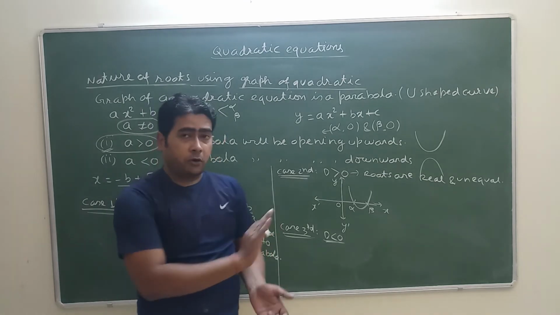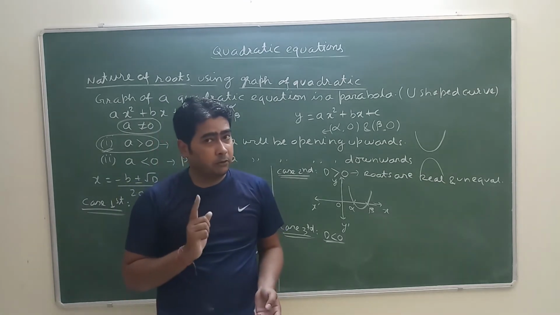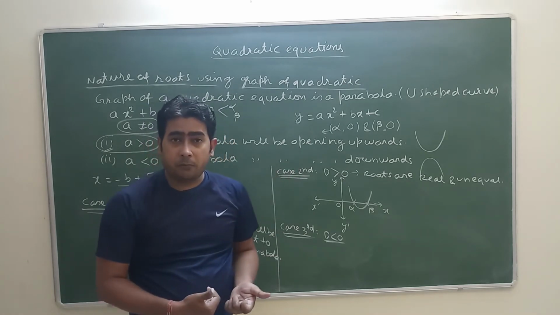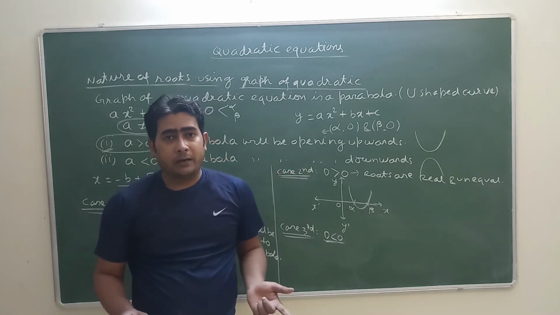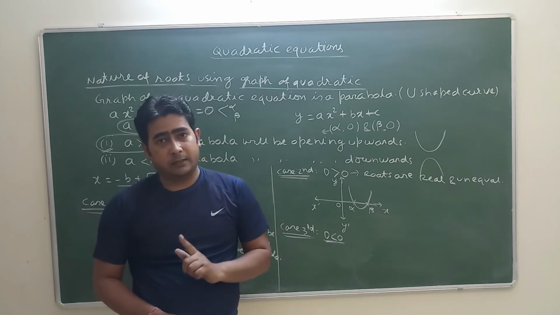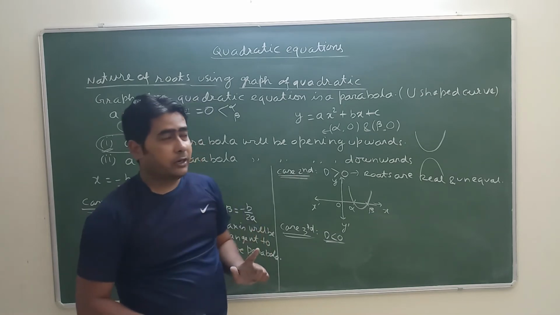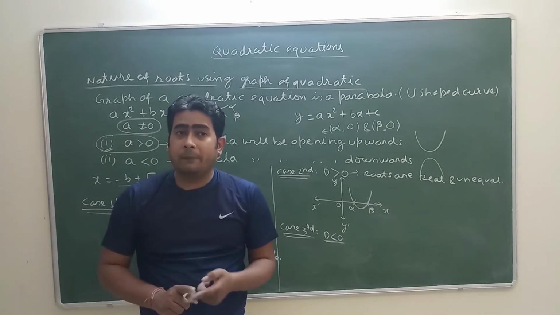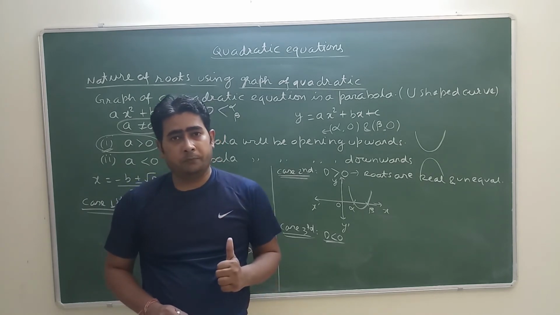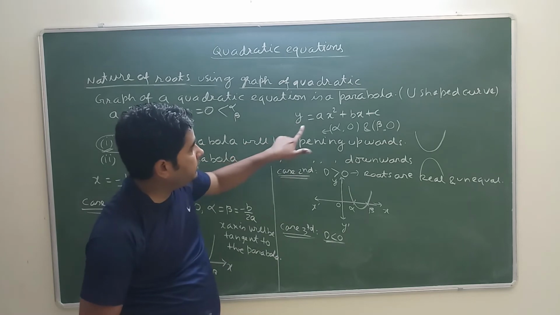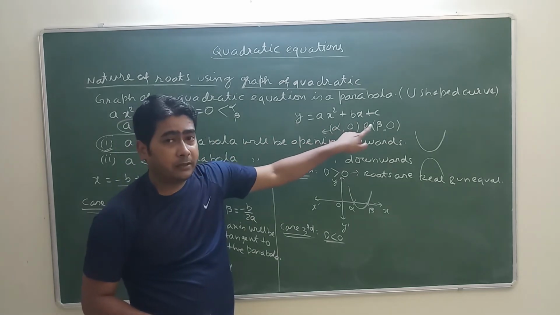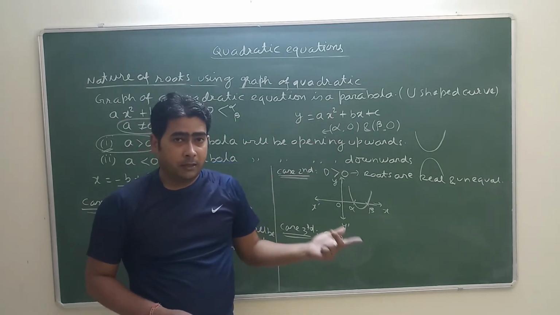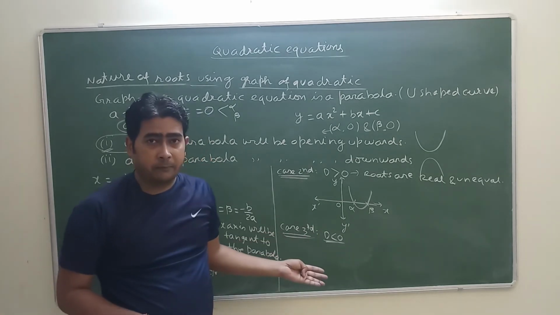If y is not becoming 0, it means the graph cannot touch or intersect the x axis, because if it did, at that point y would be 0. So y will never be 0 at any real value of x. That is the meaning of discriminant negative.